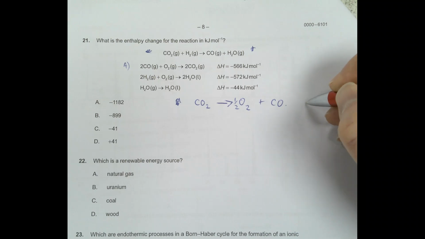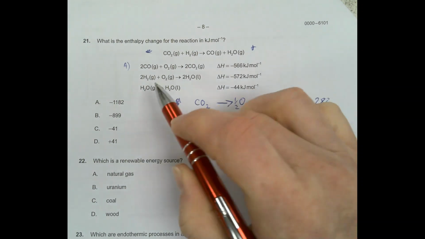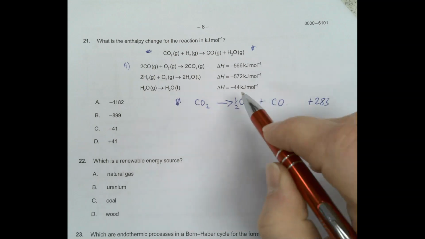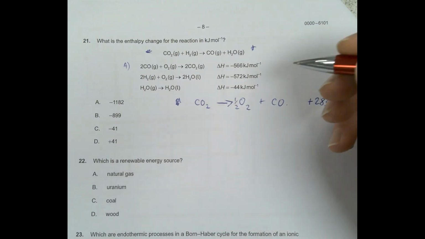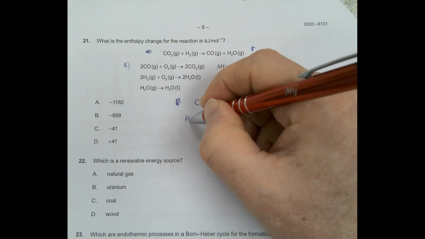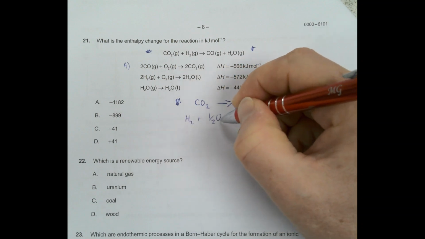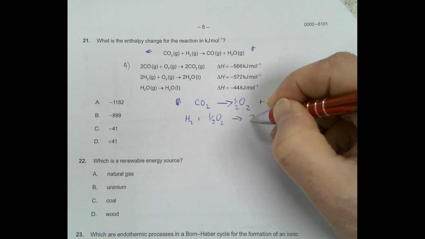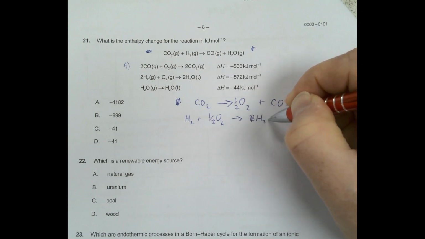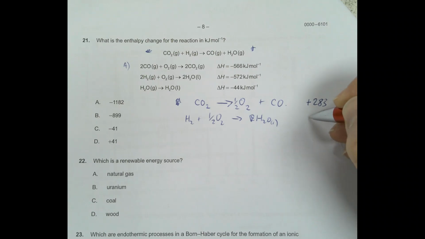And if you do that, that comes to half that value and reverse, which is plus 283 kilojoules per mole. The second one is going in the forward direction, but half the quantities given. So we've got H2 plus half a mole of O2 goes to 1 mole of H2O liquid, and half that value goes to minus 286.